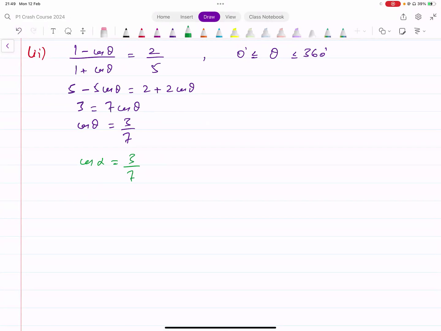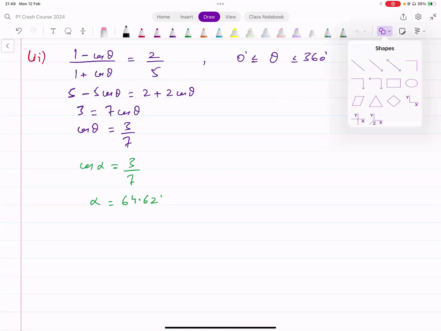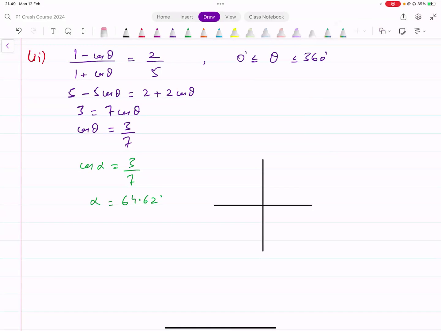What's the basic angle in degrees? 64.62 degrees. And now since cos is positive in the first quadrant and in the fourth quadrant, and the interval is from 0 to 360, we take one angle here and another angle here.